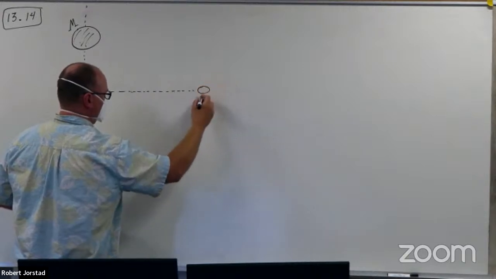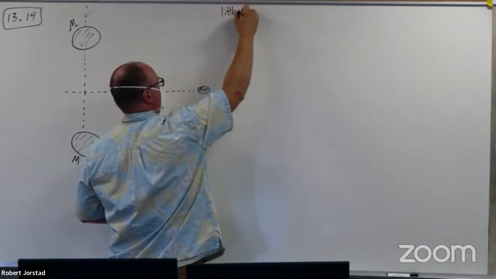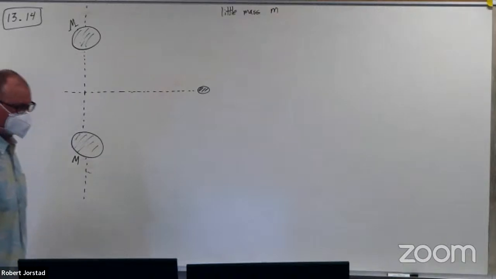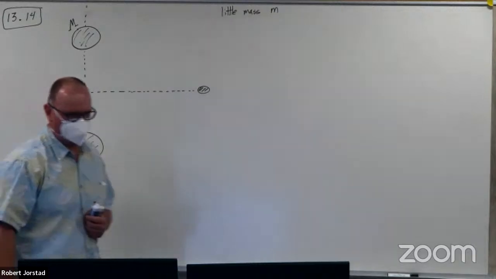Let's say this is a little mass m. I'm going to label it up here so I have space. I spent a lot of time in the solutions on this problem with a couple of different styles. So if you don't like the way I'm writing this up, you should refer to those solutions as well. Also, make these pictures big. You want to have a big picture. We need a lot of space to label on this one.